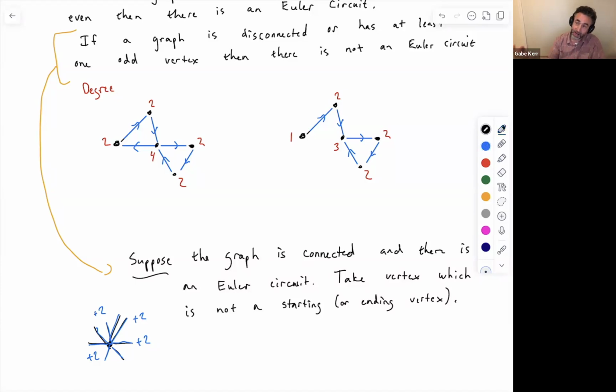So this argument of passing through that vertex is telling us that the vertex must be even. So what am I saying?